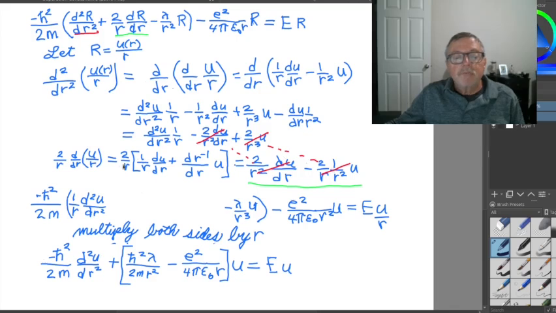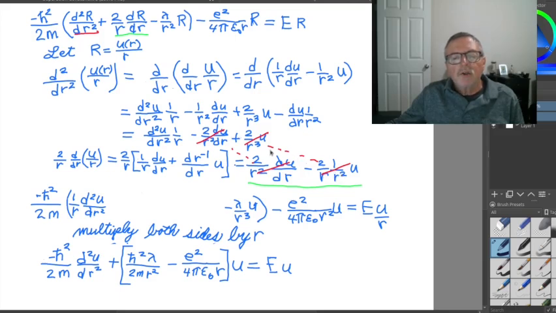And if we multiply the 2 over r through, the 2 over r multiplied through there times this 1 over r squared u becomes 2 over r cubed. And isn't that funny?